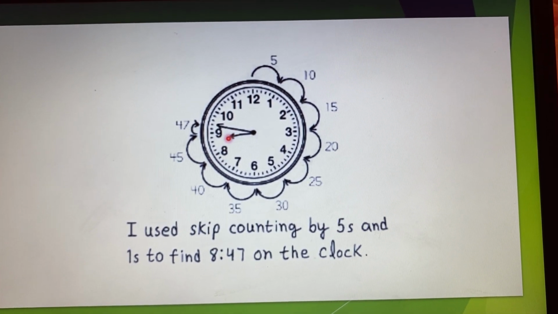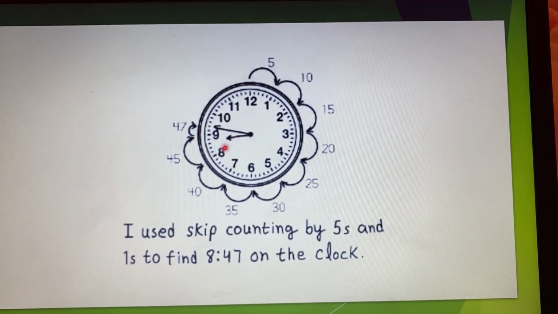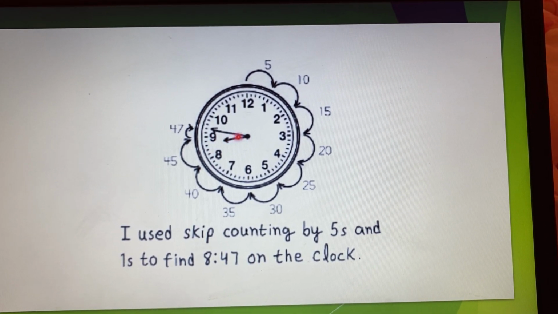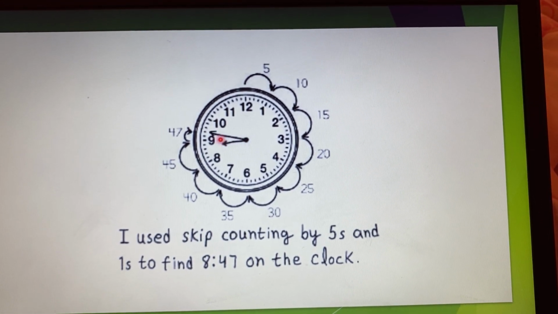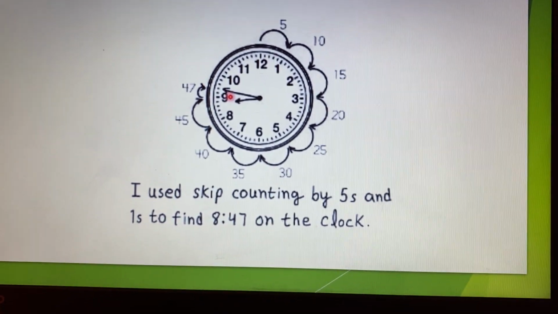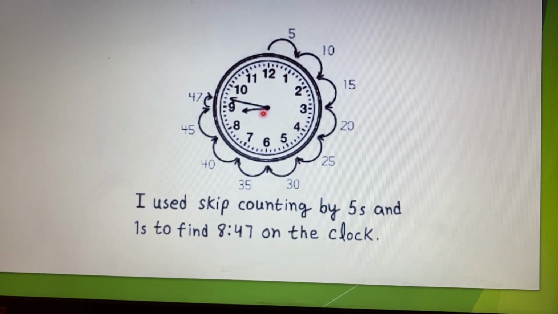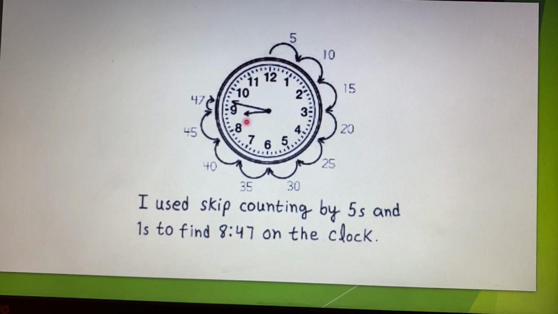But if I draw the short hand even here, that means it's still 8. But if I draw it on 9, that's it. So the short hand will be between 8 and 9, closer to 9.